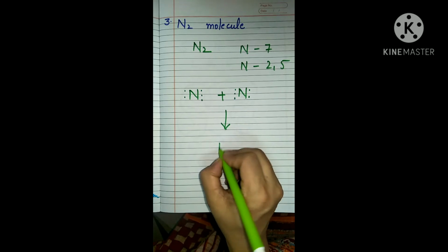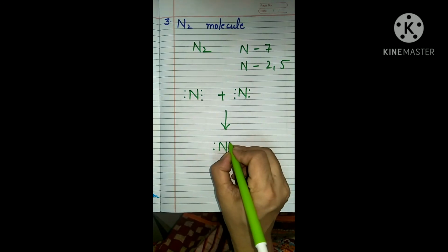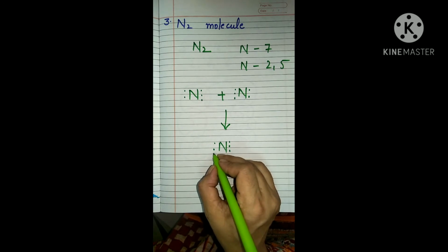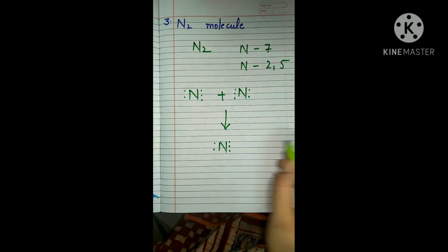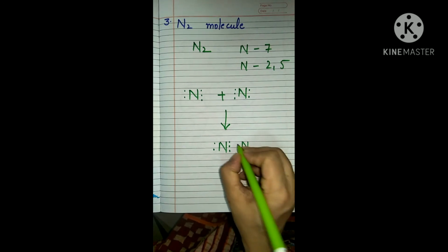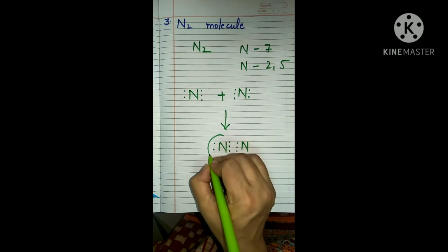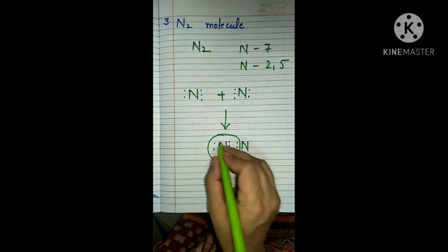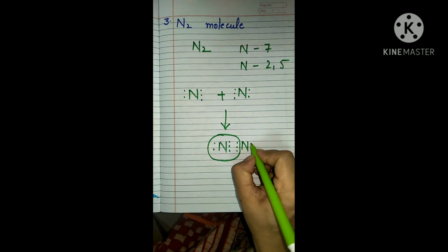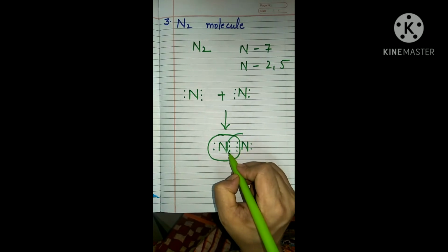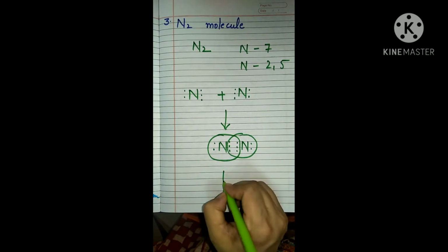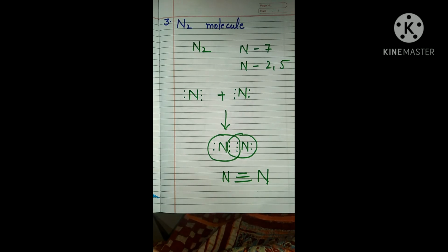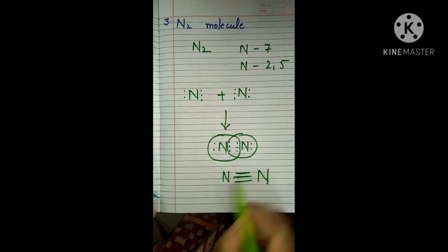How will it be formed? 1, 2, 1, 2, 3. 3 plus 2 is 5, so 3 more it needs. How will it take them? It will be mutually sharing with the other one. So see, this is 8. 3 plus 3 is 6, plus 2 is 8. Similarly here also 2. So a triple bond will be formed between the nitrogen atoms.